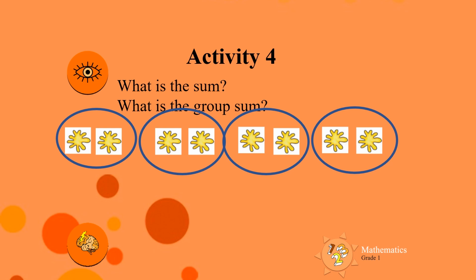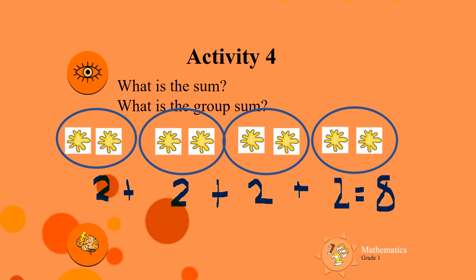The sum is 2 plus 2 plus 2 plus 2. Do you know what the answer is? Let's count in twos. 2, 4, 6, 8. So the sum is 2 plus 2 plus 2 plus 2 is equal to 8.